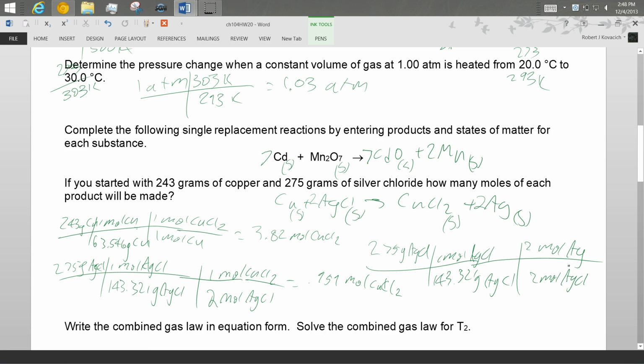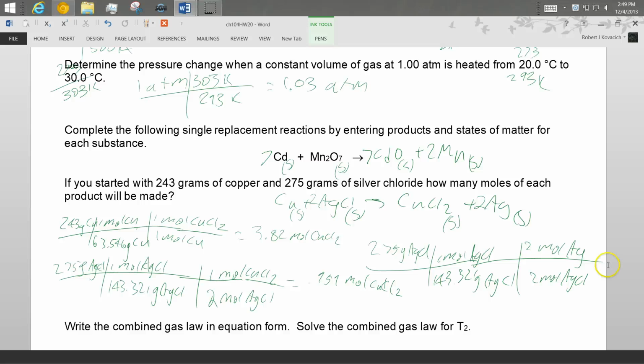So why is it 2 moles and 2 moles? That's what the balanced chemical equation says, right? Can you see why it would need to be 2 and 2? Yeah, if I've got 2 AgCls, I'm going to need 2 Ags. It's going to produce 2 Ags, 2 silvers.